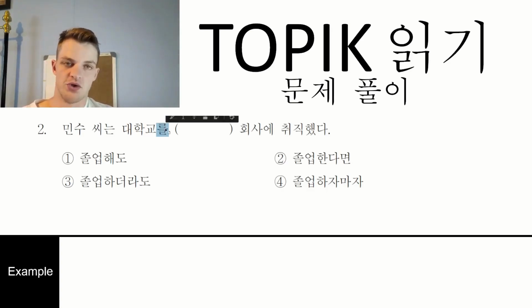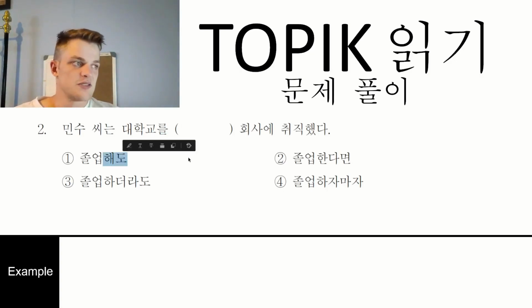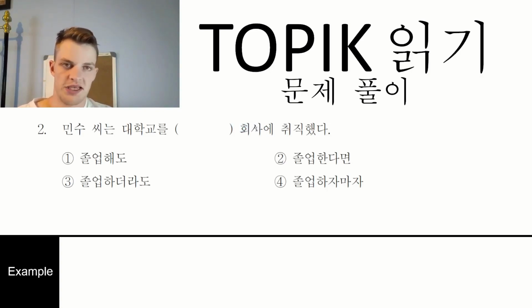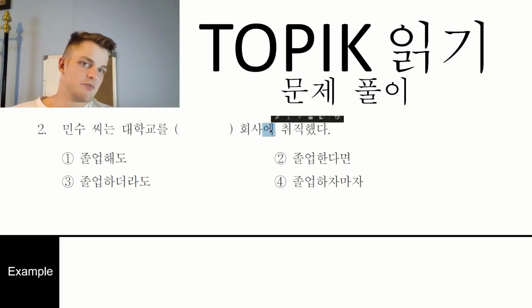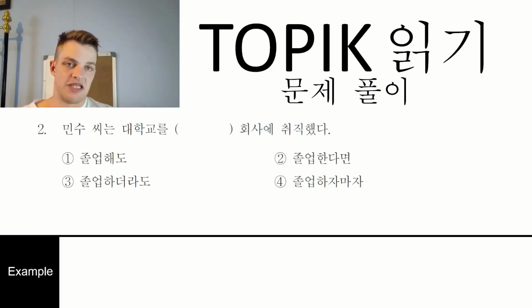And remember, we use 를. Instead of saying "from university," you say "we graduated university" in Korean. We don't know what the ending is, but the rest of the sentence is 회사. 회사 is company. So it's the general word for any company. And then 회사에. 에, again, it usually means motion towards something. In this case, sort of by analogy, it means he 취직했다.